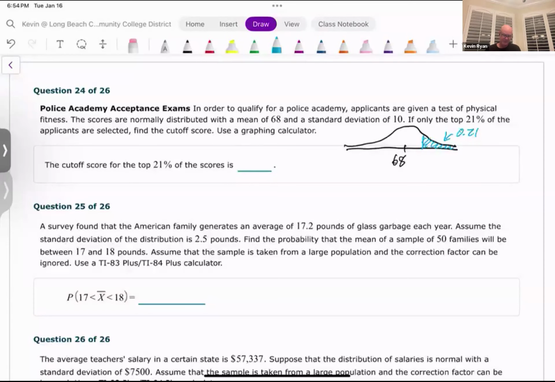So we're going to be using inverse norm of 1 minus 0.21, because we only know area to the left, comma 68, comma 10. So this is the mean and the standard deviation once again.